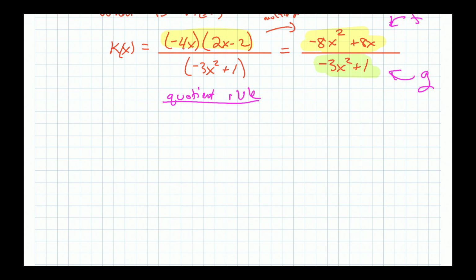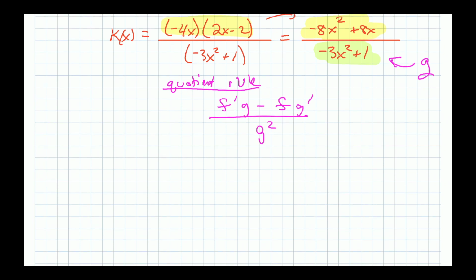And you know the quotient rule looks like this: f prime g minus f g prime over g squared. Okay, so you fill them in the right place. So k prime is f prime. So f is just the numerator.